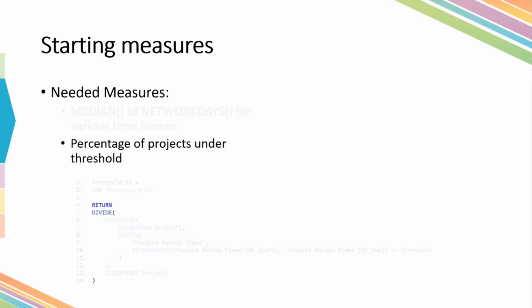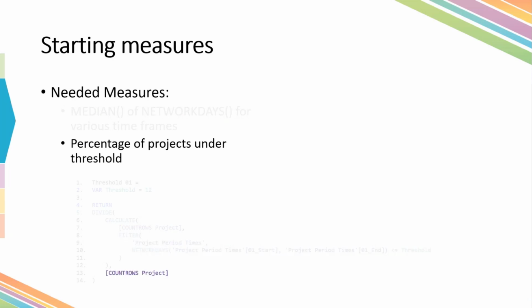And then that's followed up by a divide function that divides a calculate of count rows, which are filtered in the following way. For all the projects where the number of weekdays is underneath the threshold or equal to it, they're supposed to be filtered through. All of the other projects that are over the threshold limit are supposed to be ignored.